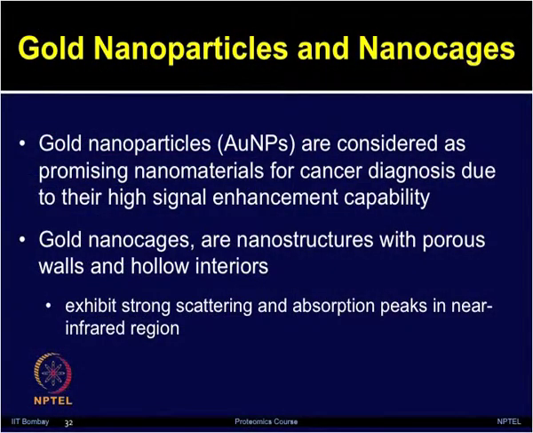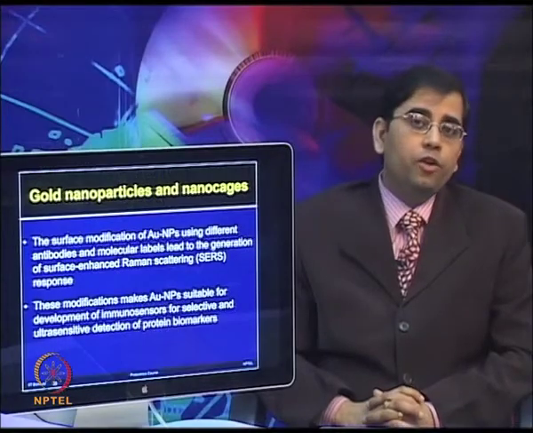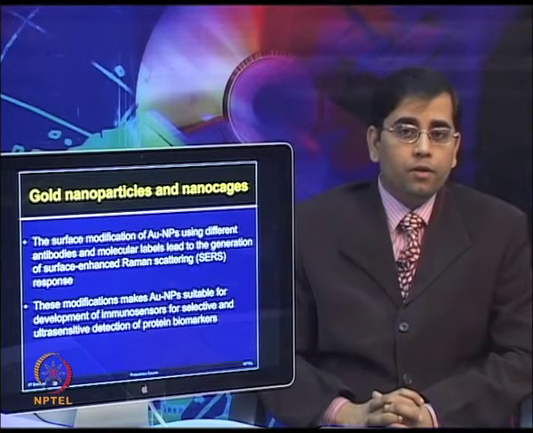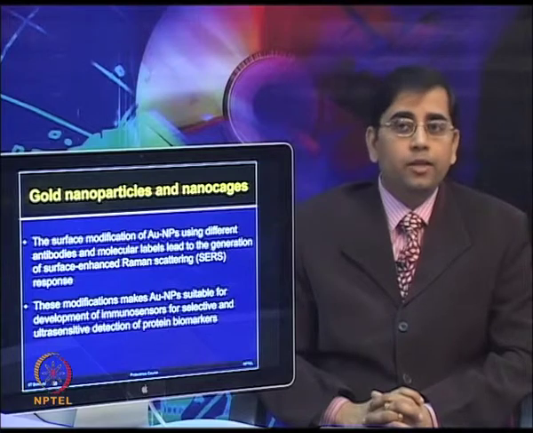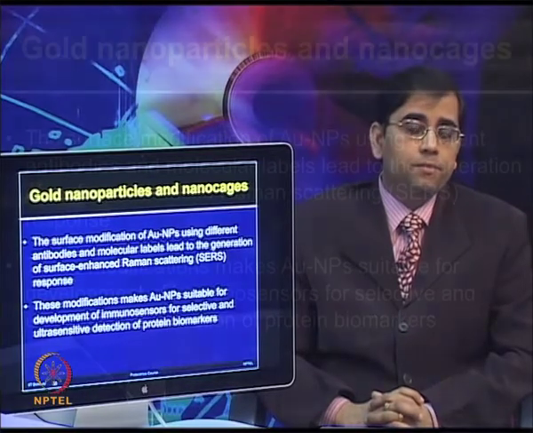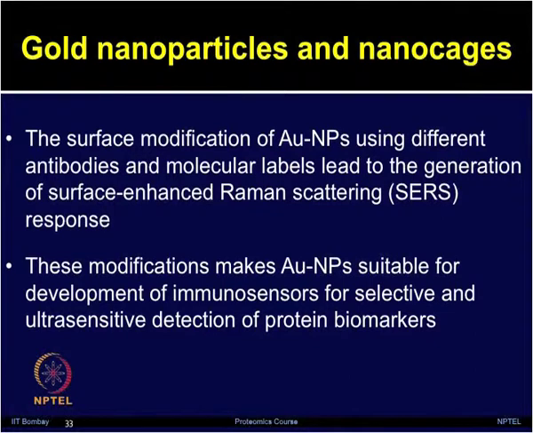Gold nano cages, which have been developed more recently, are nanostructures with porous walls and hollow interiors. They exhibit strong scattering and absorption peaks in the near infrared region. Various types of surface modifications have been tried for gold nanoparticles by using different types of antibodies as well as molecular labels, which can lead to the generation of SERS or surface enhanced Raman scattering response.